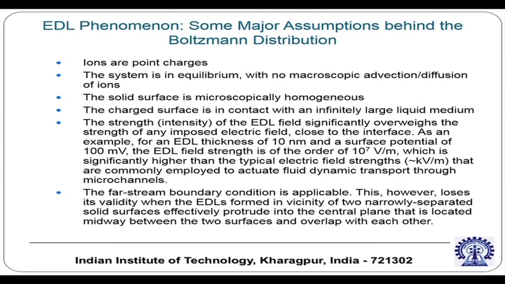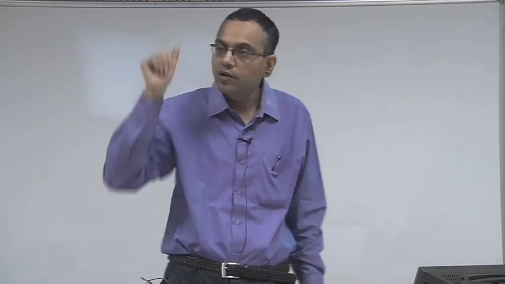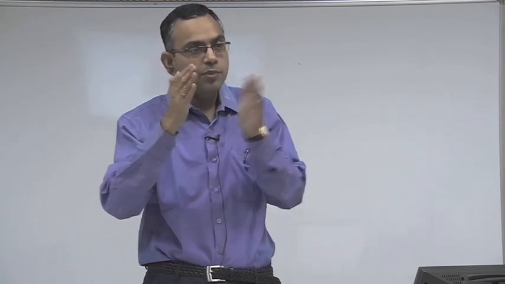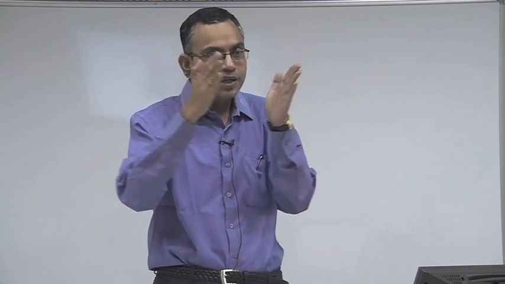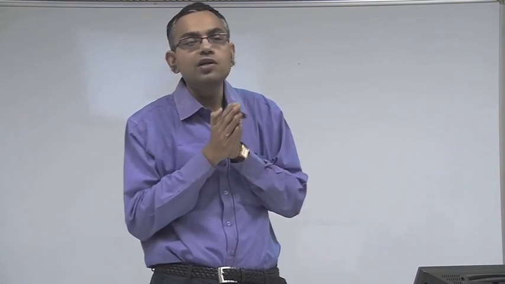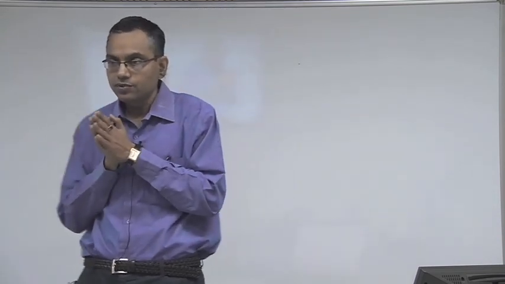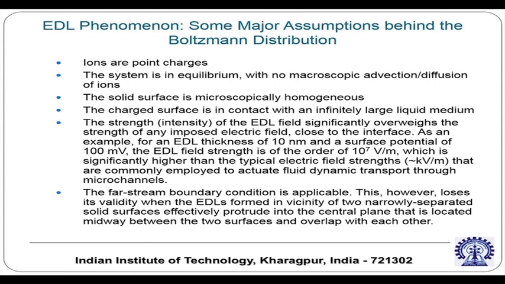Now if the channel height itself is of the order of a few nanometers, then the characteristic length scale of the channel and the electrical double layer length scale are comparable. Then it is possible that electrical double layers formed at the opposing walls tend to interfere, therefore that will not give rise to the condition that psi equals 0 at the center line, where the ideal potential is 0. So that is one restriction.